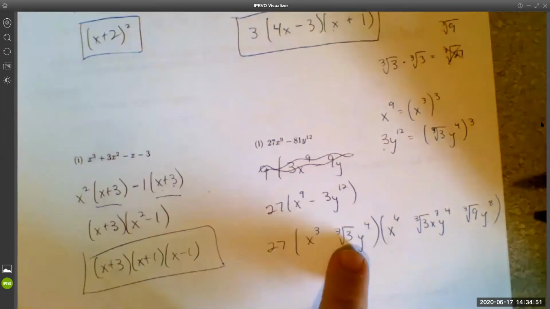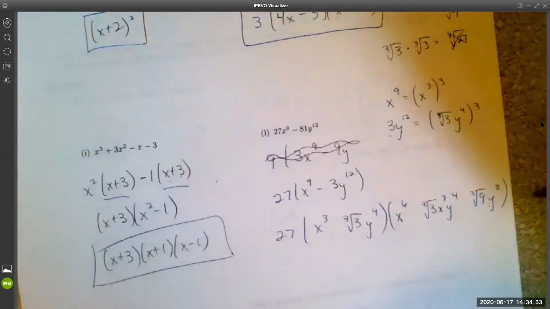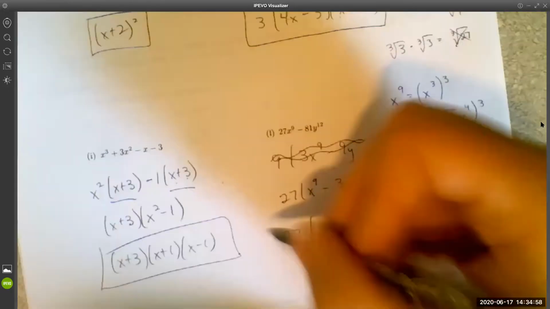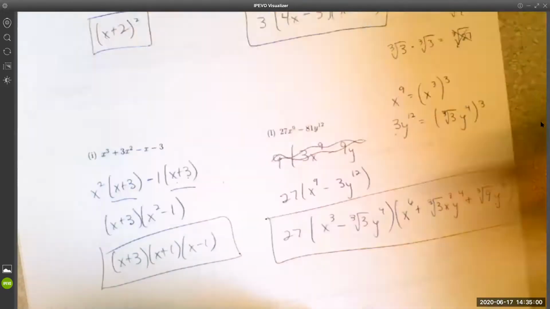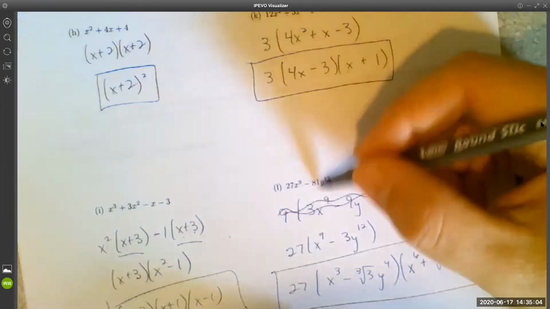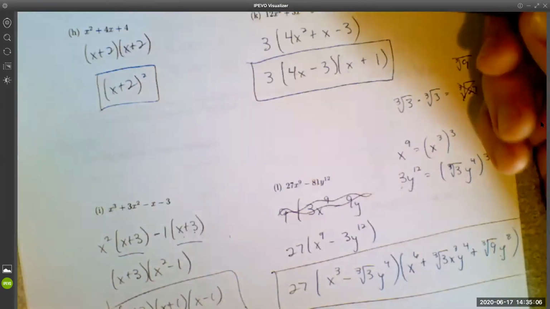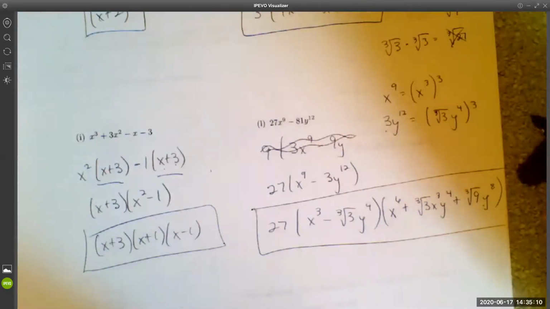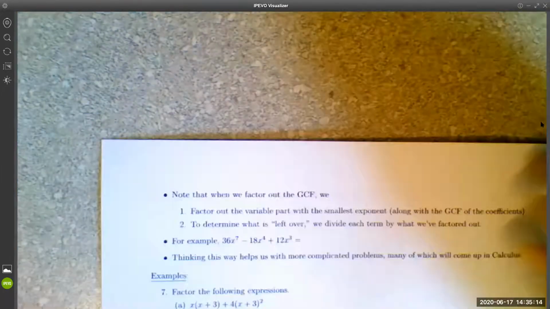Base 2 times itself. And then the signs are going to go same, opposite, always positive. What a nasty factorization. I think I intended for this to be something else. Anyway, but that's that. Okay. So that's factoring. That's a whole bunch of factoring.